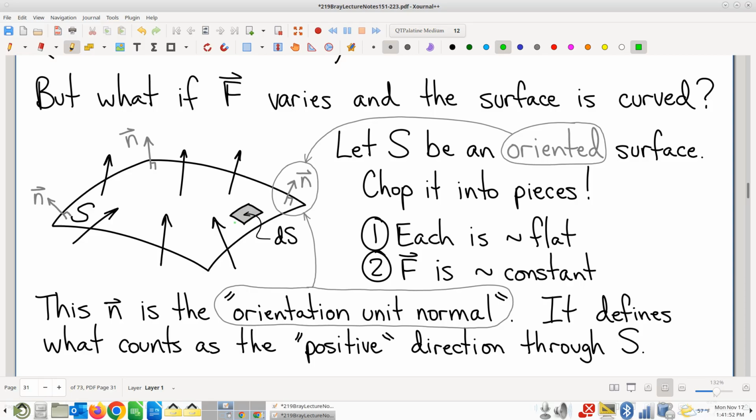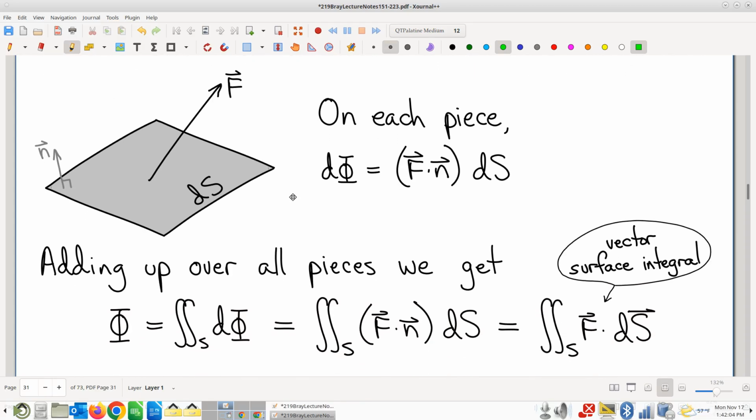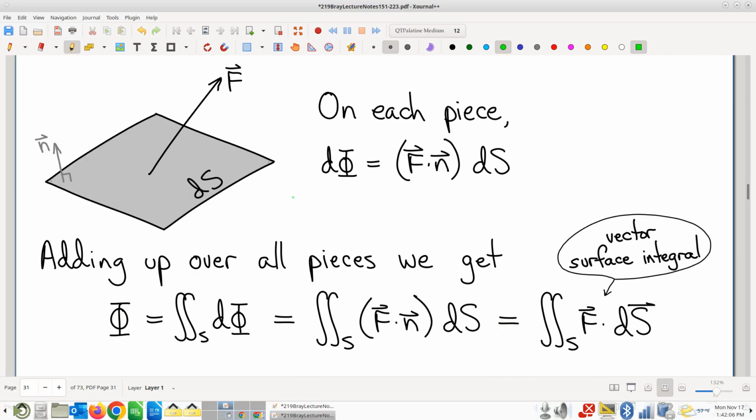And we did have to worry about this idea of an orientation, right? So which direction through the surface we're going to call the positive direction. So we had to add that in. And with that done, it's a pretty straightforward calculation. Whole is the sum of the parts.